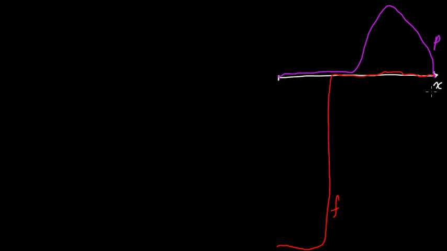Let's think about the Monte Carlo estimator here. With Monte Carlo, you're going to draw a bunch of samples from p, and you're going to get all these samples over here. You're averaging f of x_i.